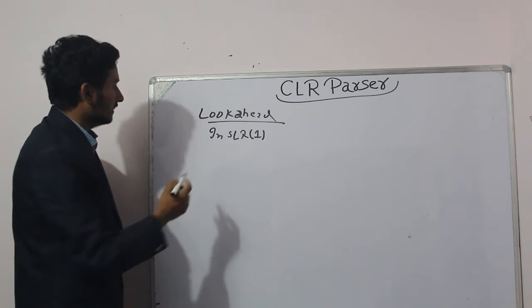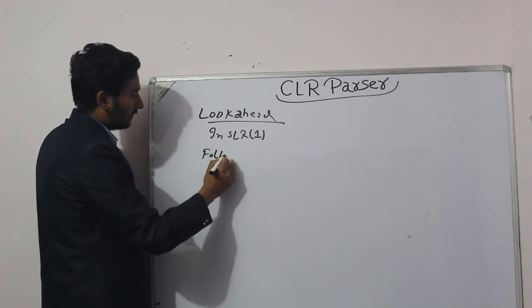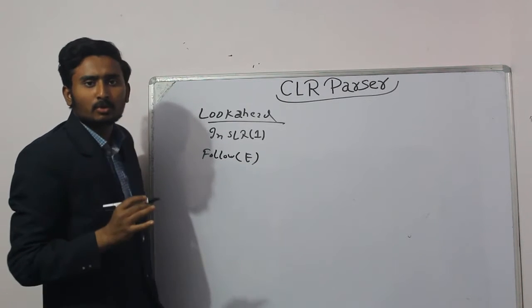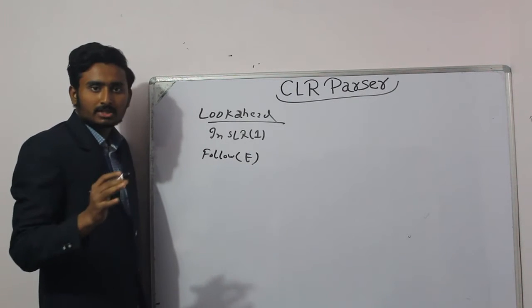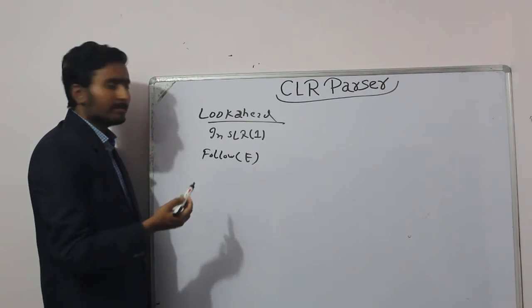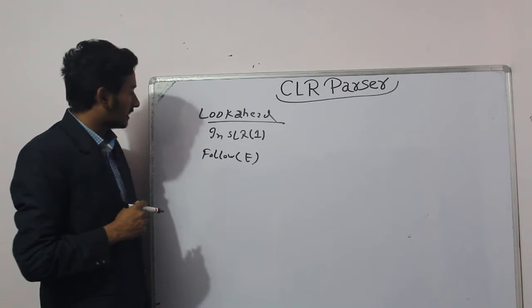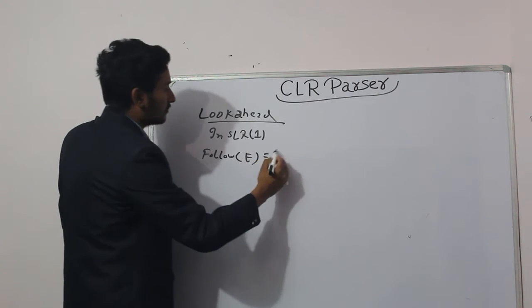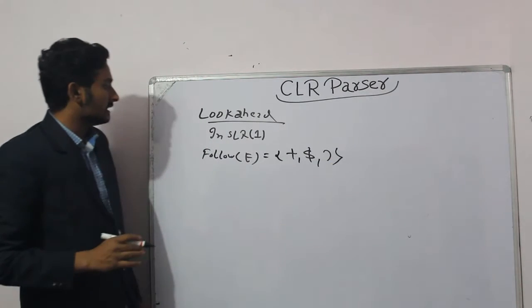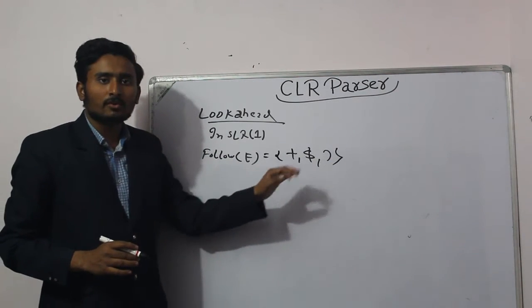For example, suppose the follow of a non-terminal E in a given production is plus, dollar and right parenthesis. I am not writing that production, I already gave it in the last video.